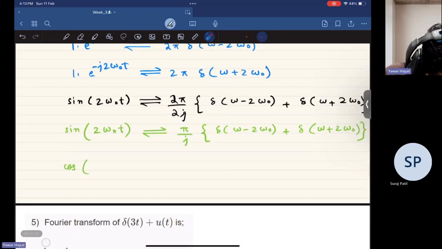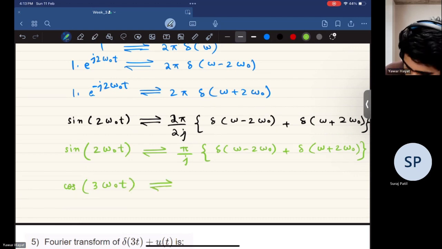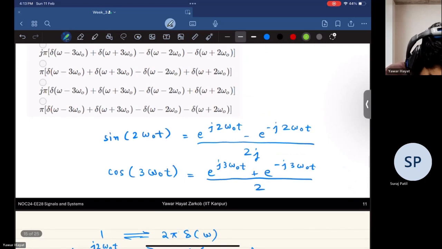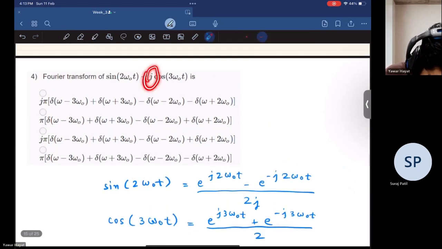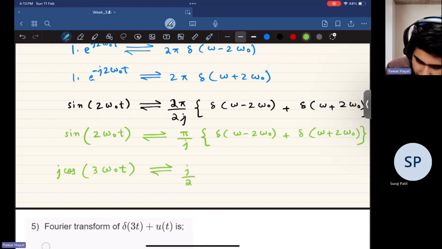When you do that, you will end up with this answer for 3 omega naught t. We have this j as well, right? So j times this, check if you get the same answer. J by 2. So 2 pi. Okay.